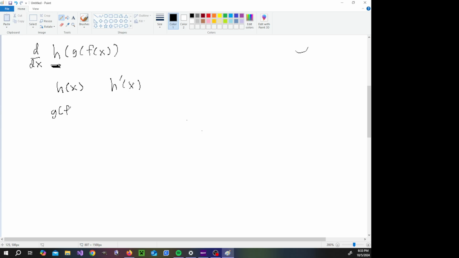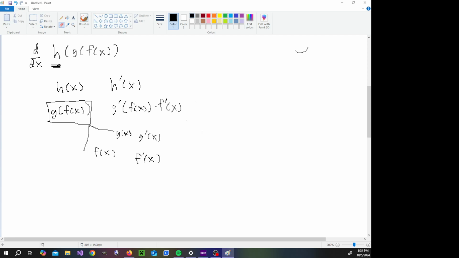Well, then the inside function is g of f of x. Now we want to take this derivative, but now we have to use the chain rule on this, right? And we know already from the previous example, outside function is g, inside function is f, derivative of g is g prime, derivative of f is f prime. So we have g prime of f of x times f prime.